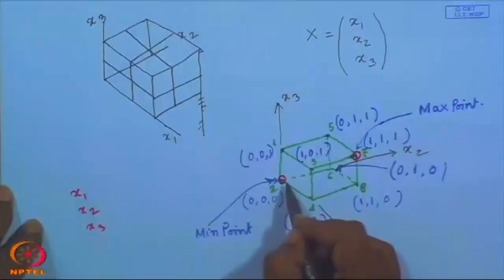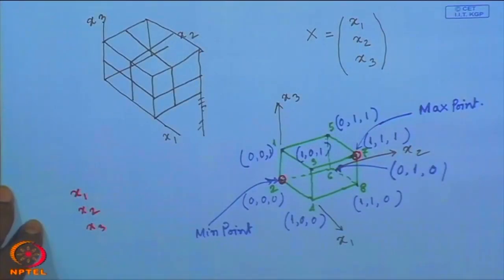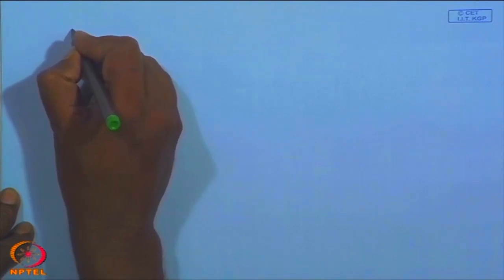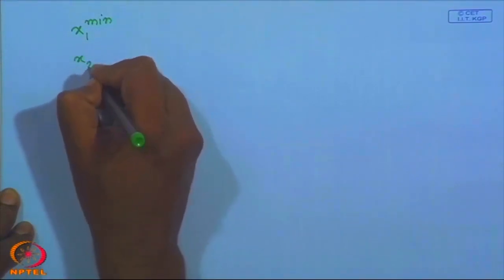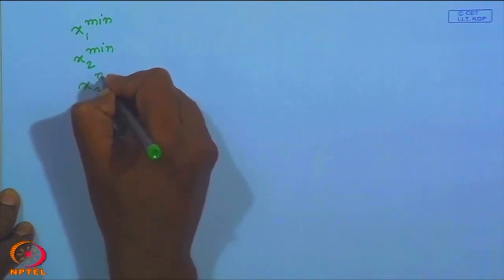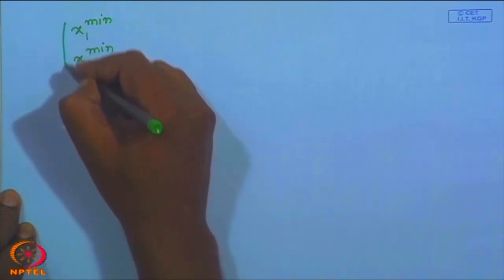Okay. So, in 3 dimension, as we have defined this min point and max point, for the min point I have the coordinates, let us assume, x1 min, x2 min and x3 min. This is the min point of, say, the kth bin.